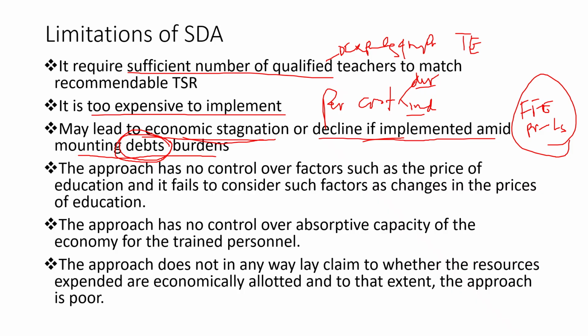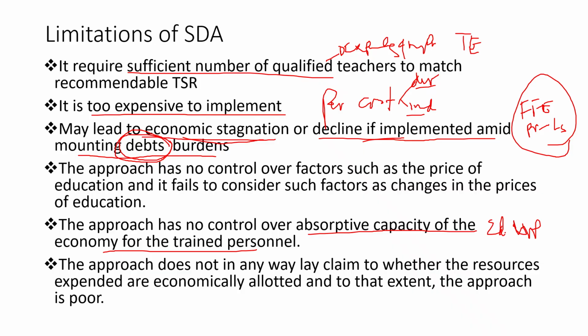Another limitation is that the approach has no control over the absorptive capacity of the economy for trained personnel. When graduates come to the economy, sometimes it becomes overcrowded, and therefore it increases the problem of educated unemployed, which is now a big problem in most African states and developing countries.